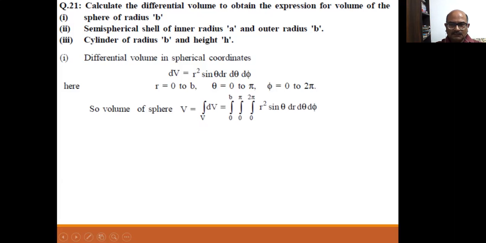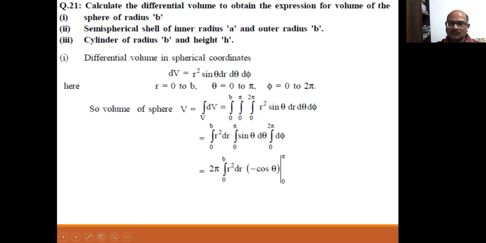The value of dv is r square sine theta dr d theta d phi. So this way we can find it: r square dr with 0 to b, sine theta d theta with 0 to pi, and d phi with 0 to 2 pi. We can easily find these values.